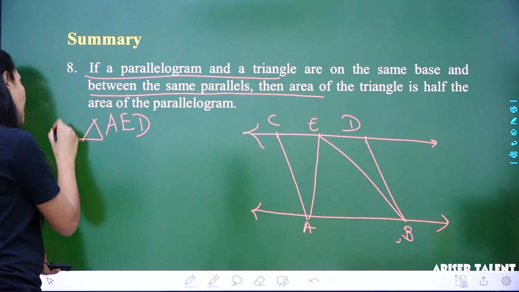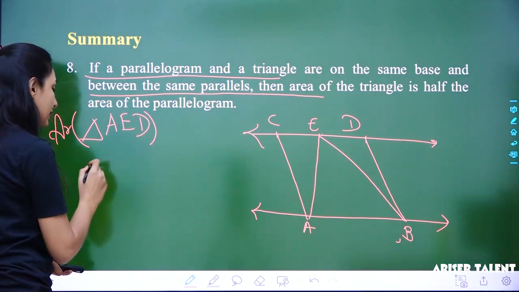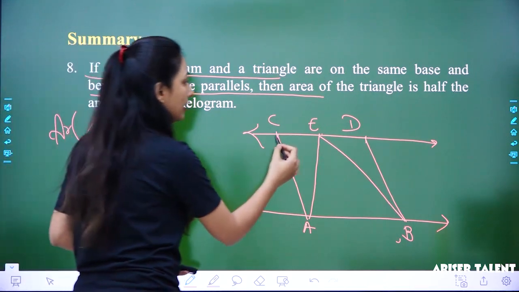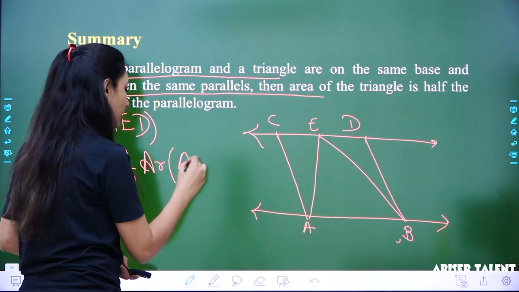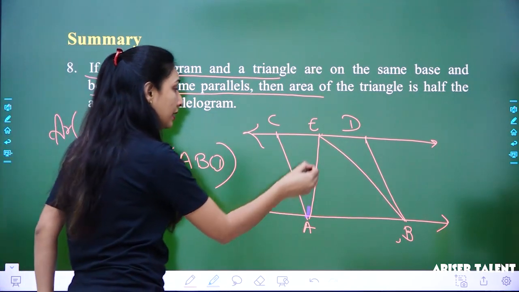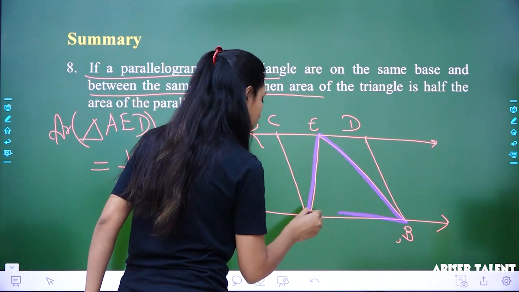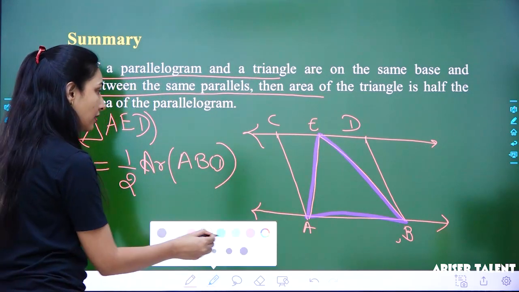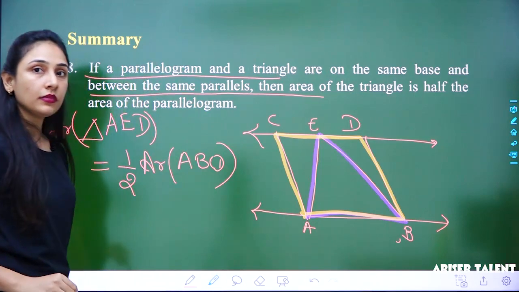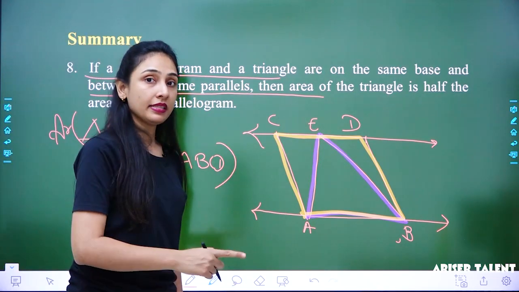Then the area of triangle AED will be half the area of the parallelogram ABCD. Here this is the triangle and this is the parallelogram. Understood? Having the same base.